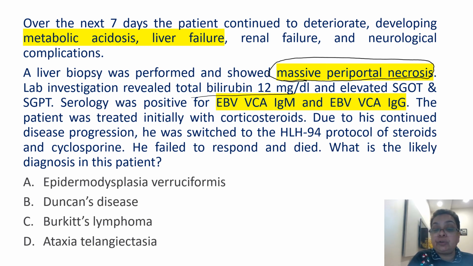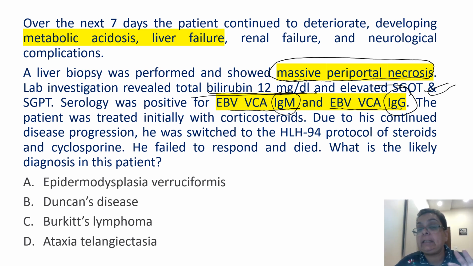Lab investigations revealed bilirubin raised, liver enzymes raised. Serology was positive for EBV viral capsid antigen IgG as well as IgM. Both these antibodies are present. So most likely it is an acute EBV infection.